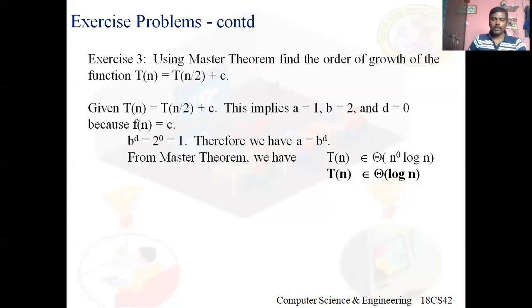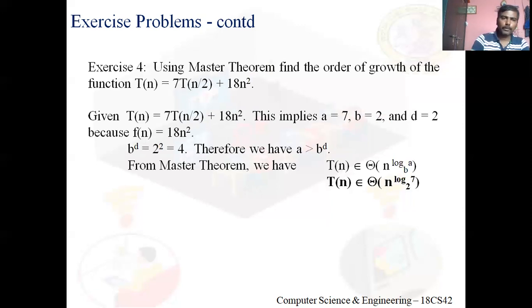But if the only objective is to determine the order of growth, not the exact basic operation count, then make use of the Master's theorem. So time will be saved. Now let me have a look at one more problem.